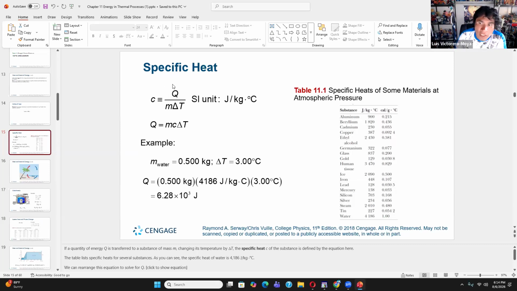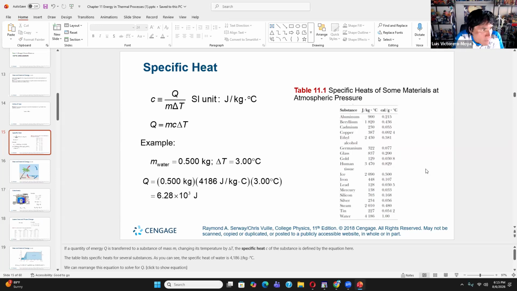Now you have a table here with some specific heat capacities in both joules per kilogram Celsius and calories per gram Celsius. For example, for aluminum, it is 900 joules per kilogram Celsius. For water it is 4,000. Water has the largest of all these substances, right?